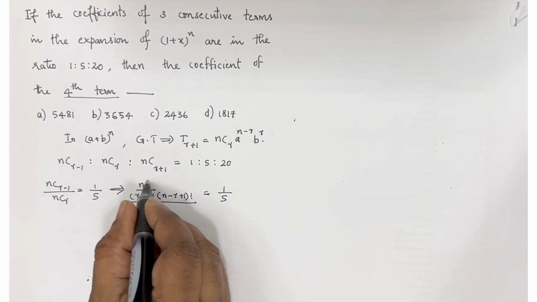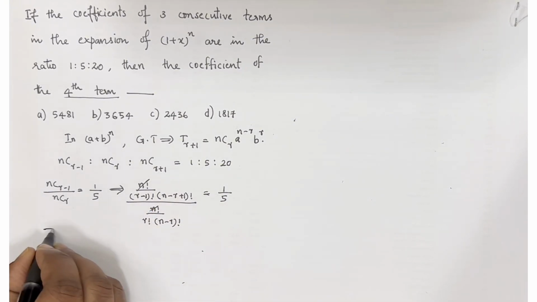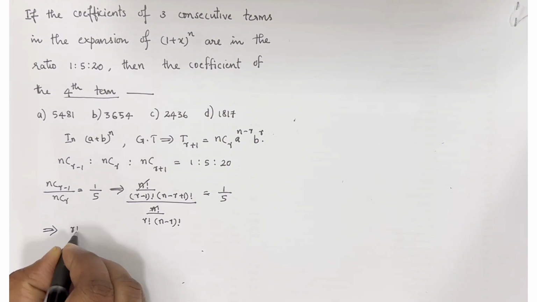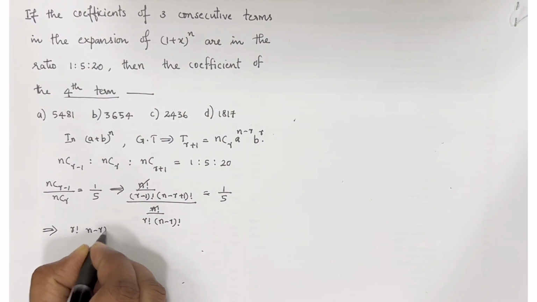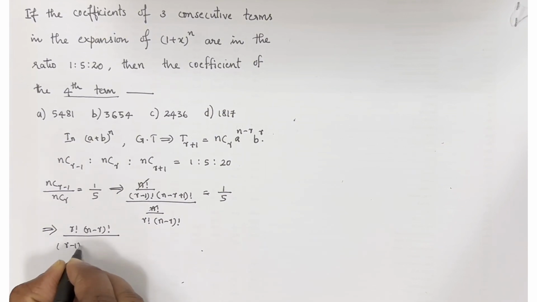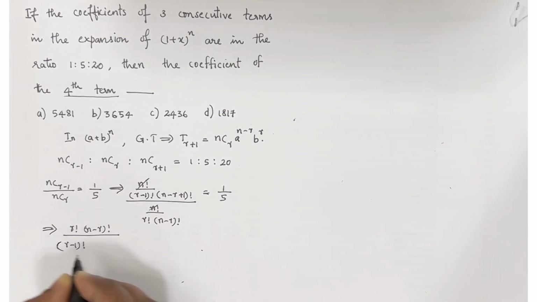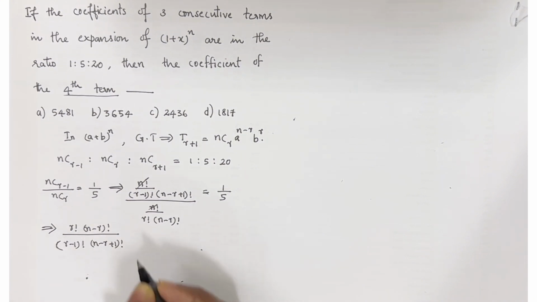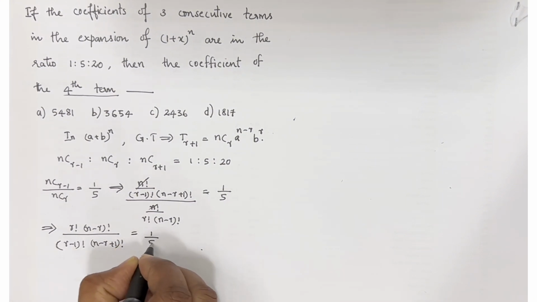The n factorial cancels, giving r factorial into (n-r) factorial, whole divided by (r-1) factorial into (n-r+1) factorial, is equal to 1 by 5.